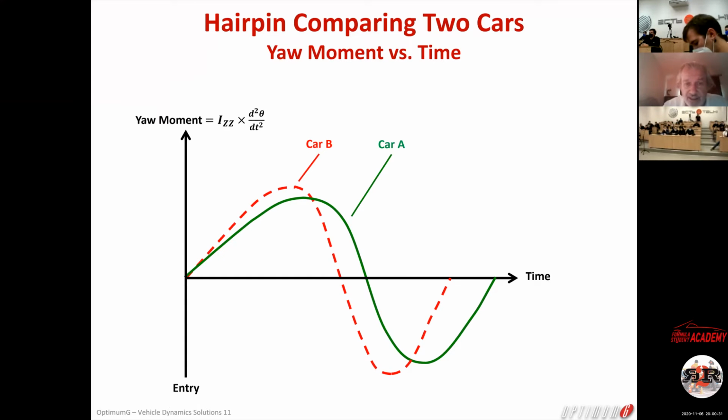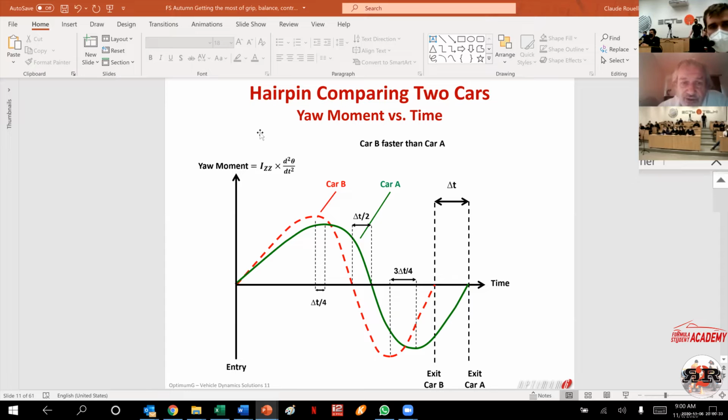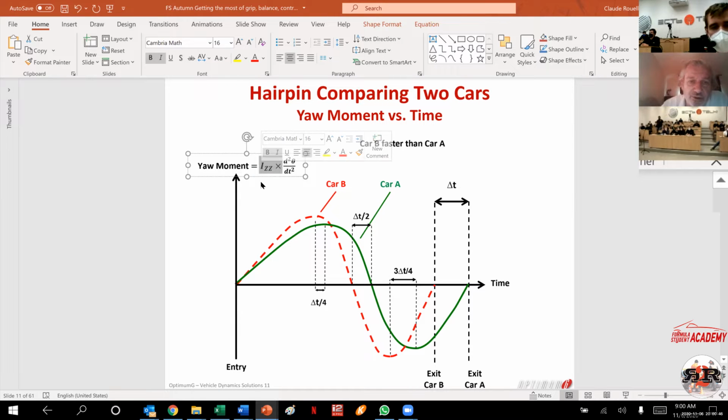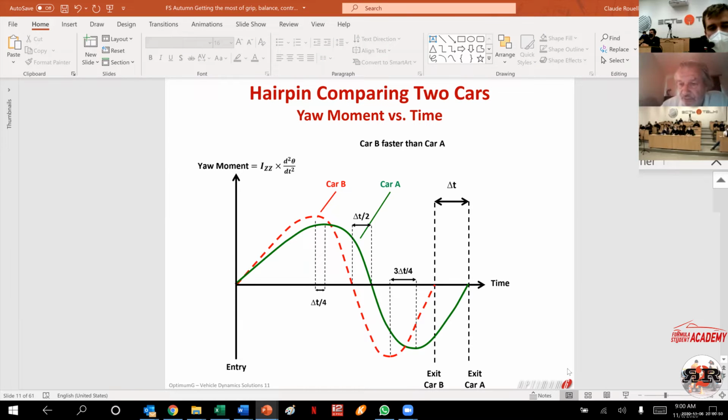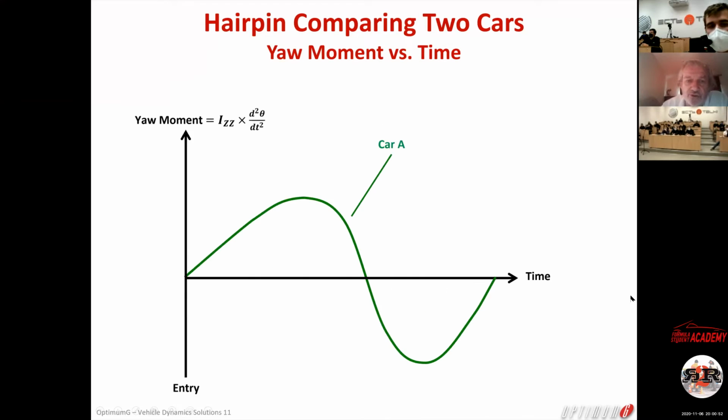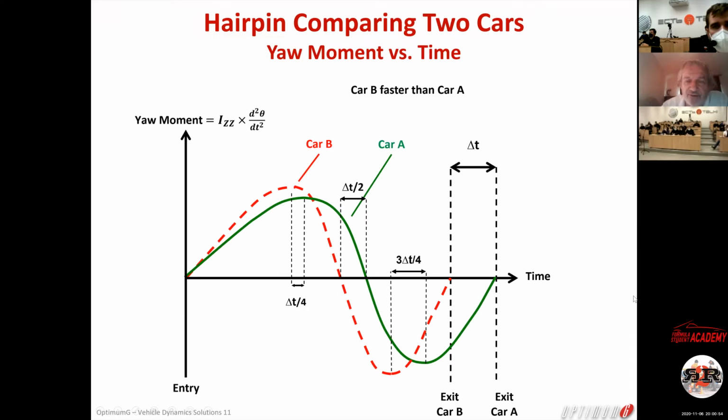So basically, there is no difference between these two graphs, yaw acceleration and yaw moment. The difference is that we change the unit of the y-axis by multiplying the yaw acceleration with the yaw inertia, kilogram meter squared, okay? So you are going to have a yaw moment which goes higher at the entry.